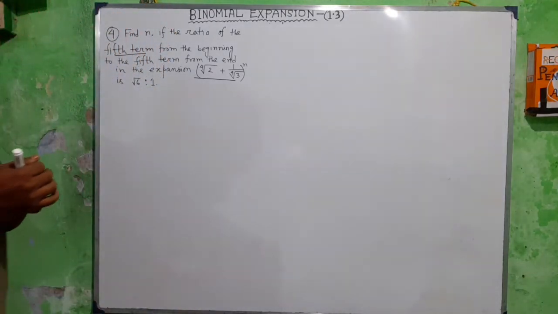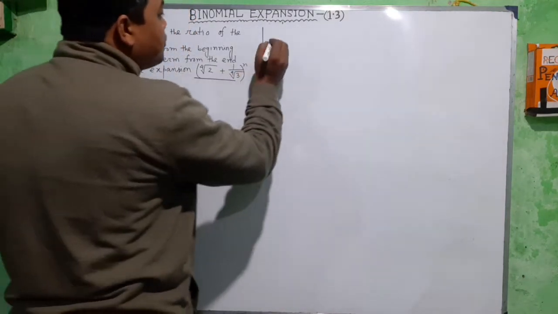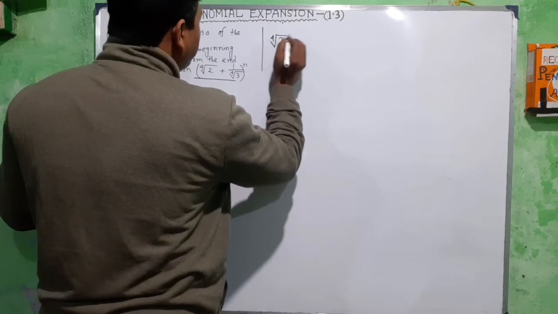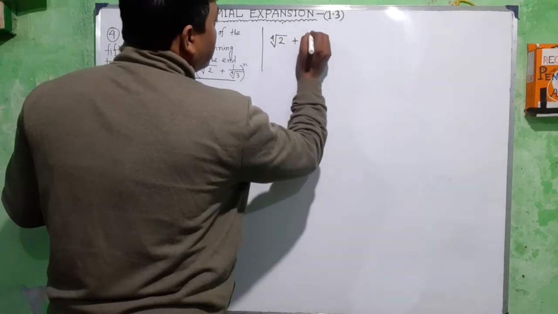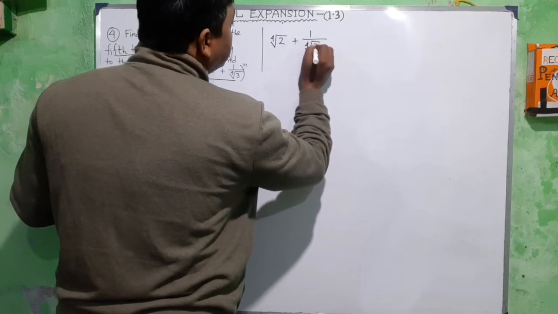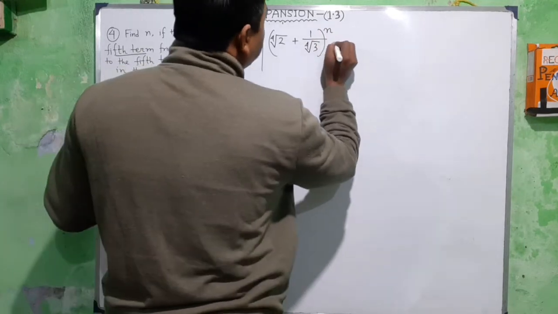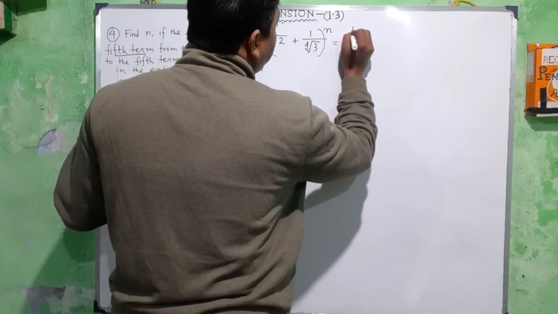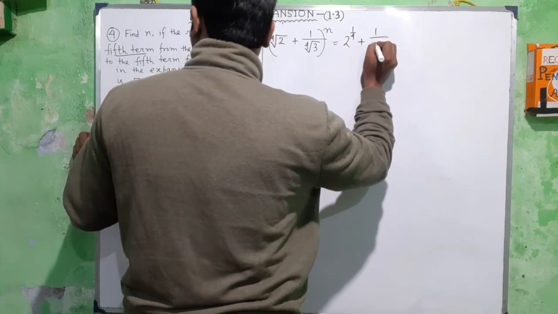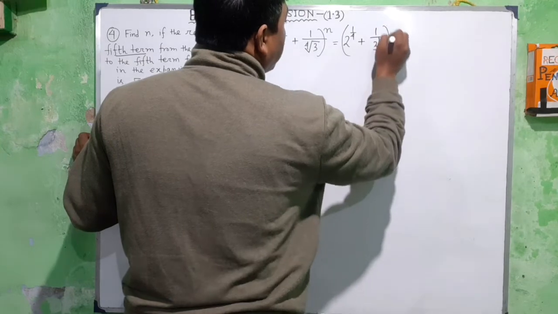Okay, so if I write the expansion, here a equals (fourth root of 2 plus 1 by fourth root of 3) whole to the power n. If I put it in this fashion, 2 to the power 1 by 4 plus, according to the indices rule, 3 to the power 1 by 4, whole to the power n.